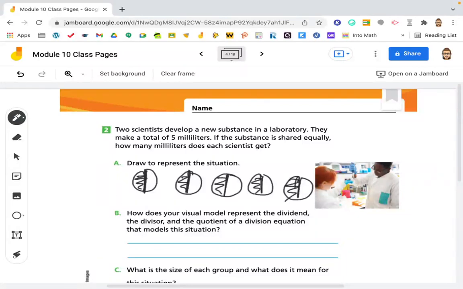So it says, how does your visual model represent the dividend, the divisor, and the quotient of the division equation? Well, the dividend is the number of circles.